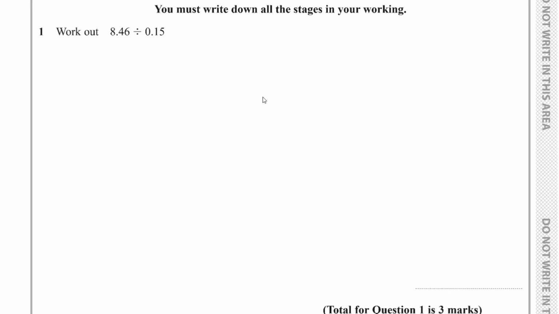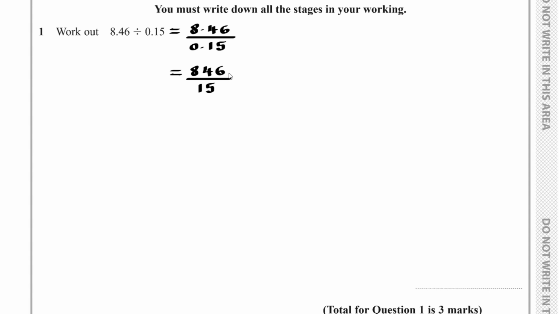Question number 1. We have to work out 8.46 divided by 0.15. We can represent this calculation as a fraction. We have 8.46 over 0.15. And if I multiply both the numerator and the denominator by 100, we end up with 846 over 15.